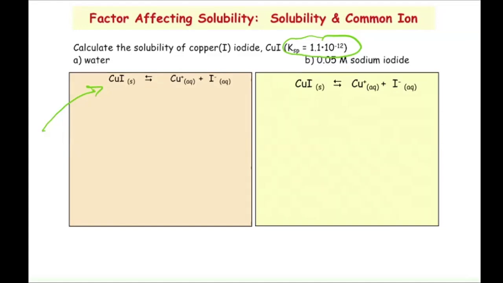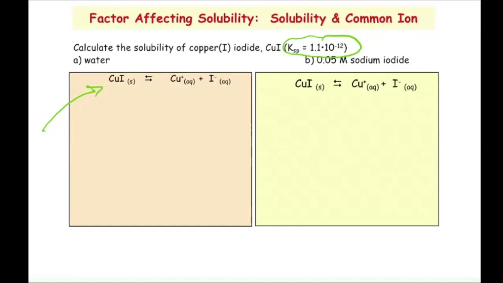And again, the SP stands for solubility product. In this particular case, it's 1.1 times 10 to the minus 12. Generally, when things are insoluble, you're going to get very, very small numbers, meaning that it doesn't go very much into solution, it stays as a solid. So we have the solubility constant as 1.1 times 10 to the minus 12.